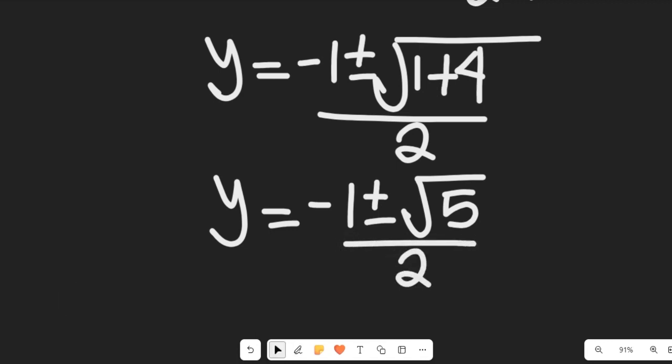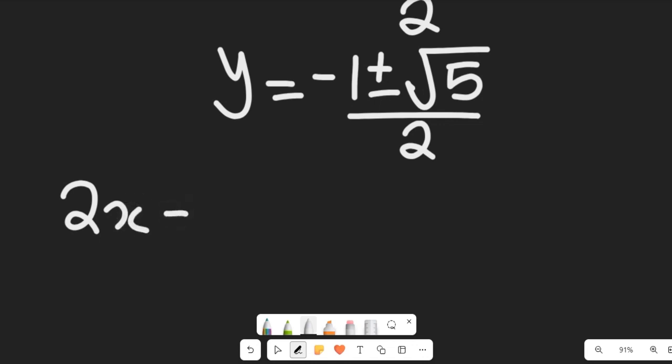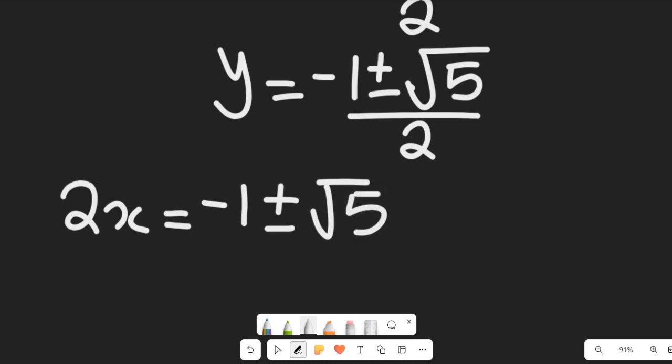So from that first expression, we have the first value of y. From this expression, we're going to have the other two values of y. But recall that y is equal to 2x. So we are going to take 2x to be equal to negative 1 plus or minus square root of 5, all divided by 2. Great.